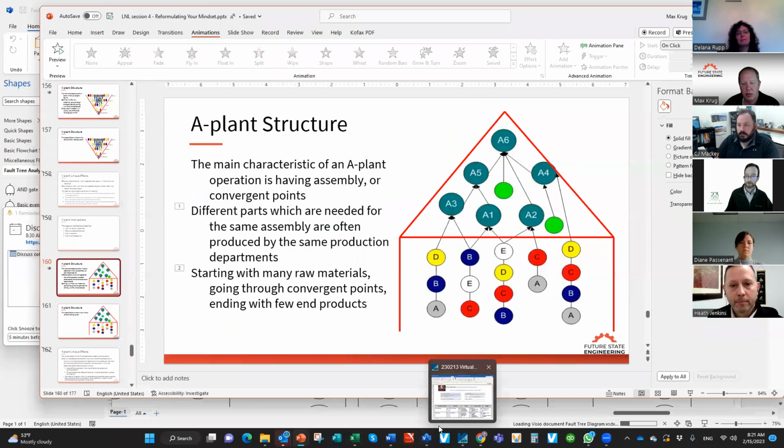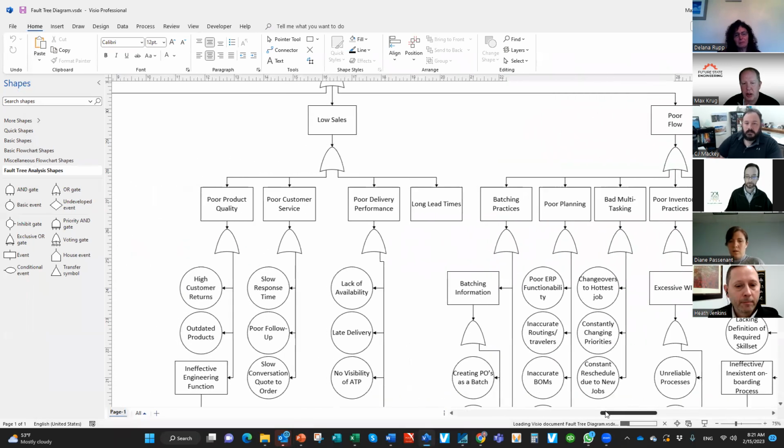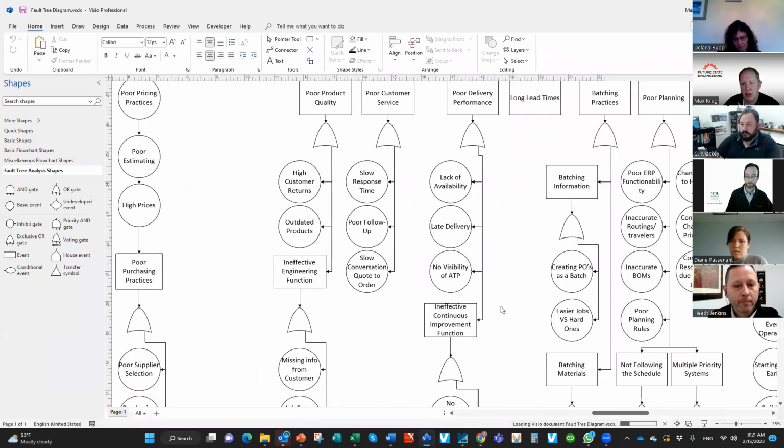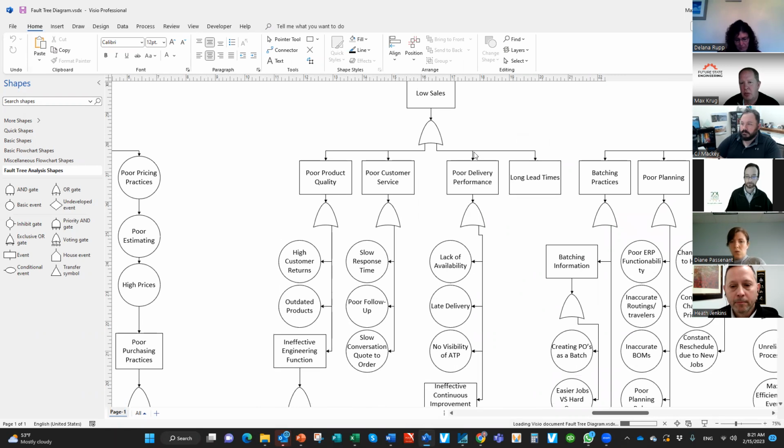And then again, we go back to the fault tree. Yes, we might have all these issues that we're dealing with, but the impact on the business is different. So poor due date performance in an A plant, lack of availability, right? It's a huge issue. Late deliveries from suppliers is a huge issue.